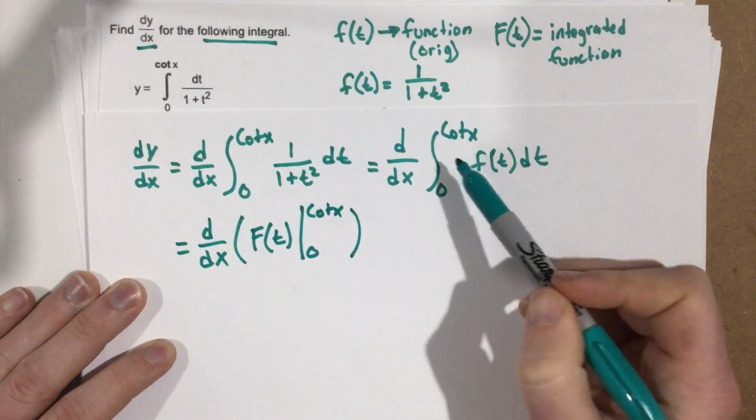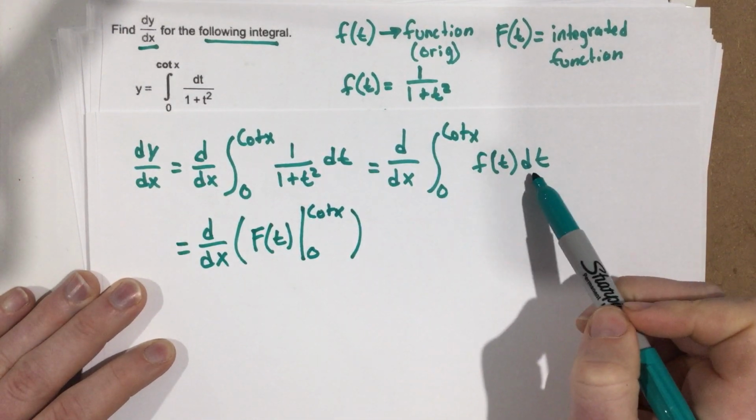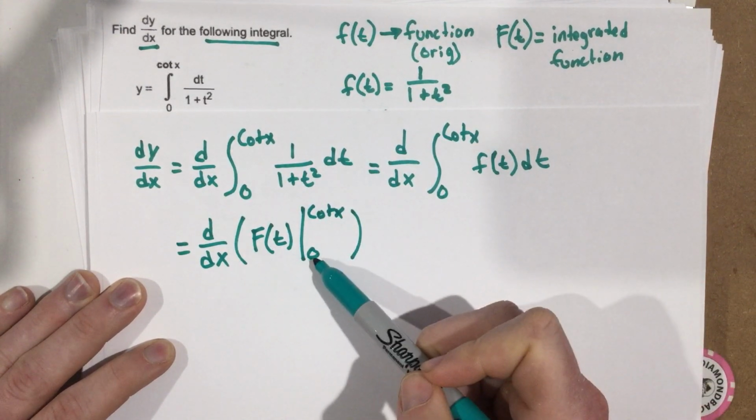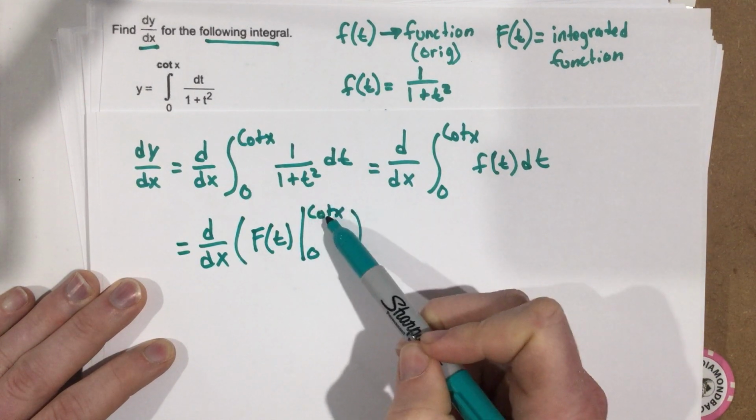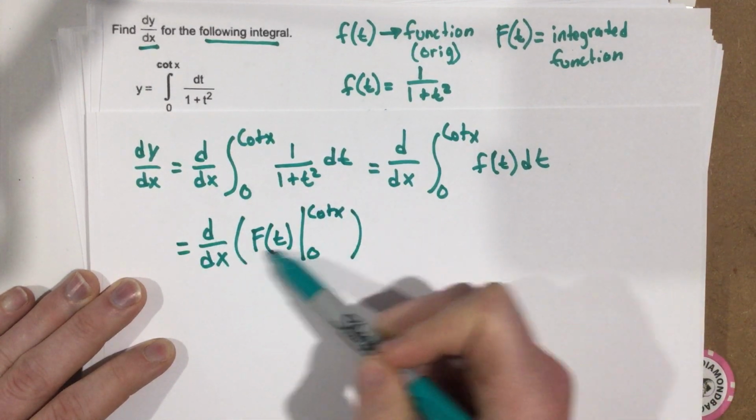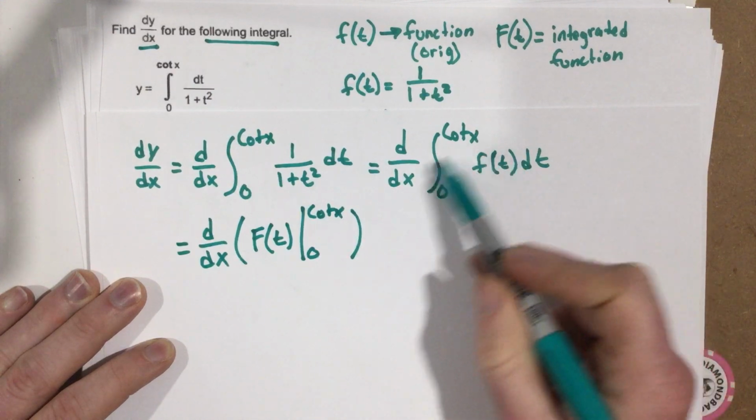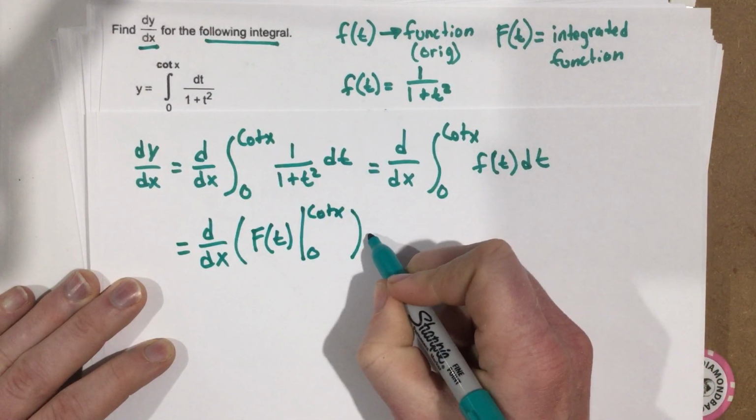So I did the integral of f of t dt, and that was capital F of t, and I'm evaluating that from 0 to cotangent x. And I want to do the derivative of this. All right, so this is where all this notation comes together, and this is what they showed in that video.